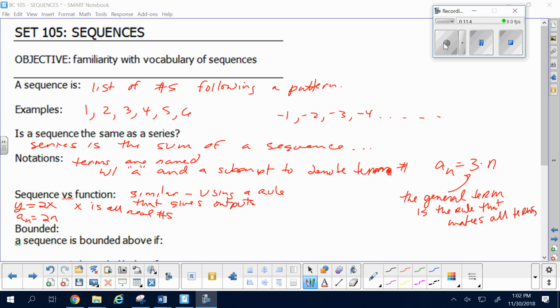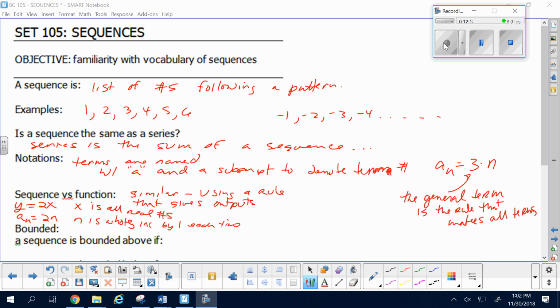The n is only whole. n increases by 1 each time. We typically go in order, right? x and y could jump wherever I want. I could go 3 to negative 3 to 5 to negative 17.24. Who cares? But when you go to sequence, you don't go from 3rd term to 5th term to 7th term. You go in order. First term, second term, third term. So n equals 1, n equals 2, n equals 3.